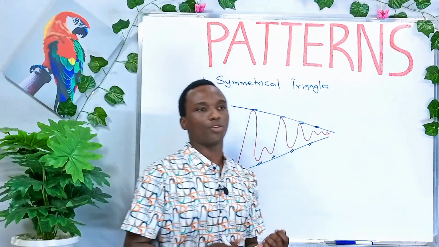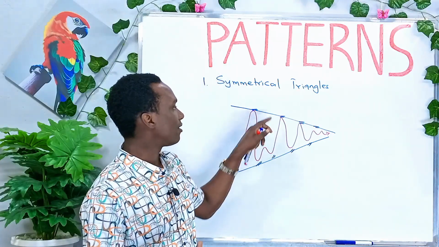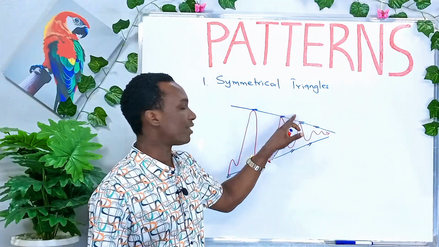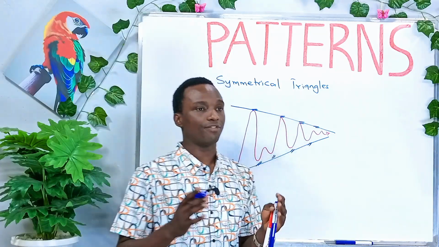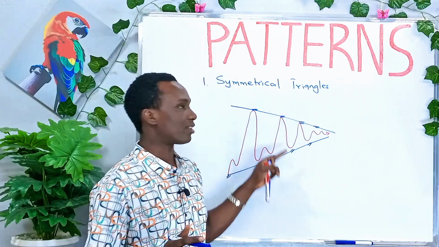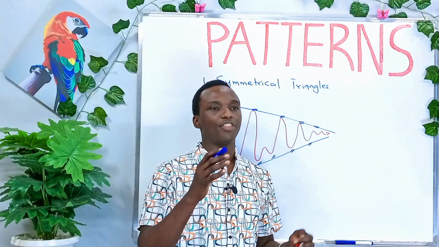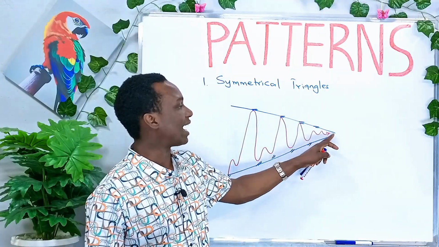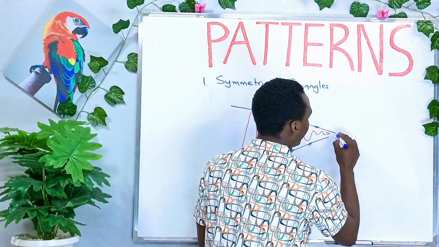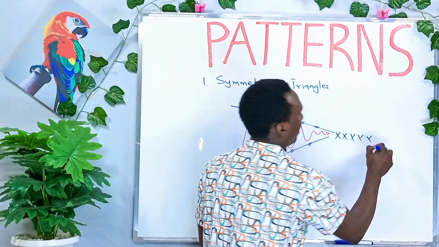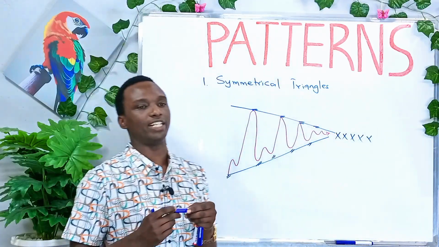All right, so that means that neither the buyers nor the sellers are in control of this market. Neither are pushing this market enough to make a clear trend. That is why they are consolidating around here, forming a consolidation.